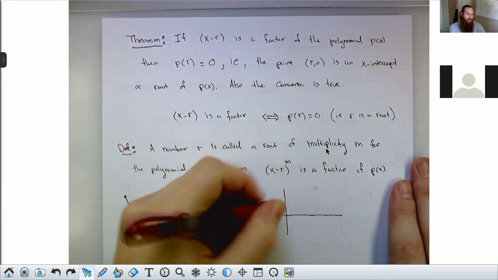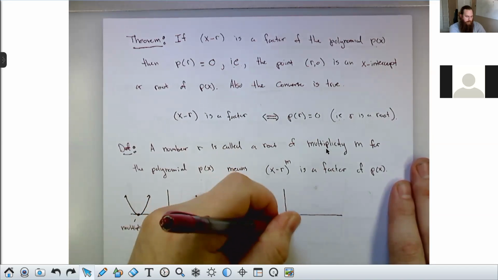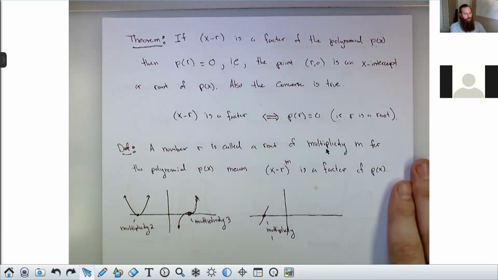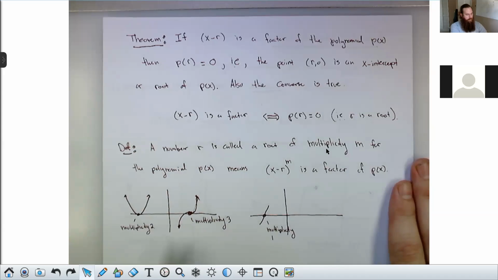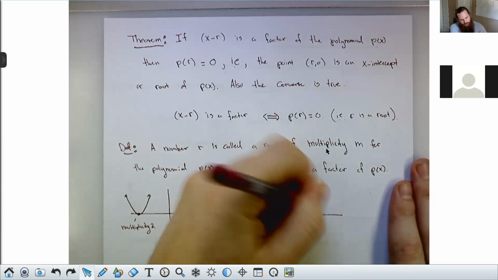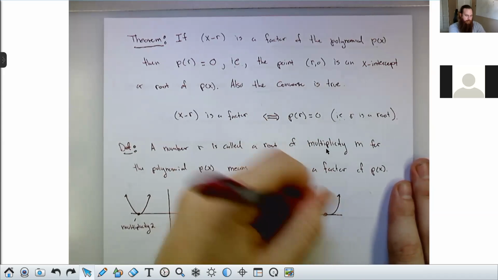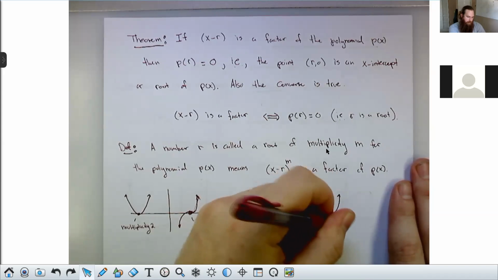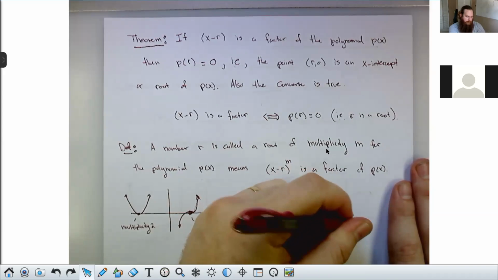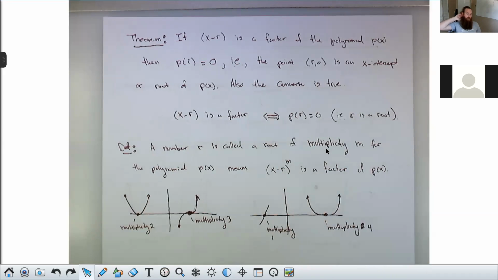This is what's called local behavior. Our root of multiplicity, let's see, we got 1, 2, 3, 4, looks a lot like a root of multiplicity 2, only it's flatter. Oh, not 2, 4. A root of multiplicity 5 looks like a root of multiplicity 3, only flatter. And that's kind of the pattern.